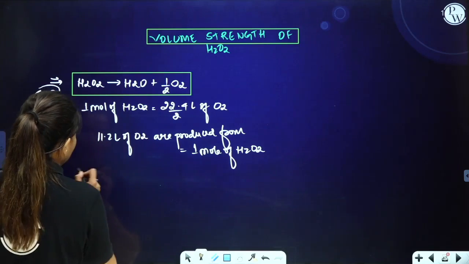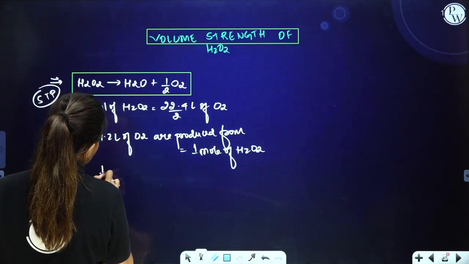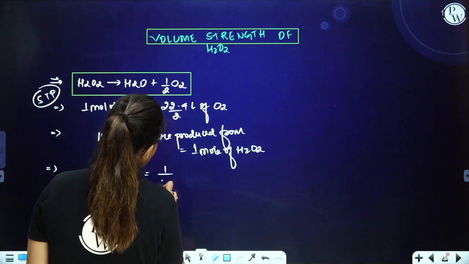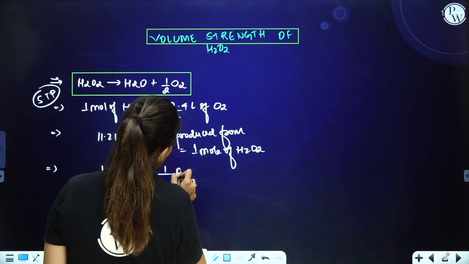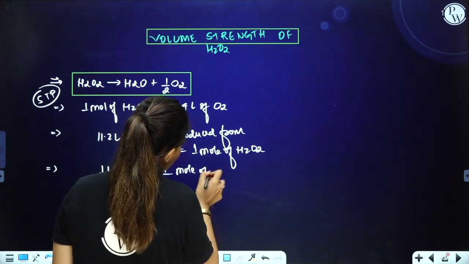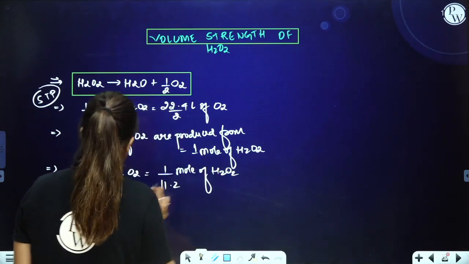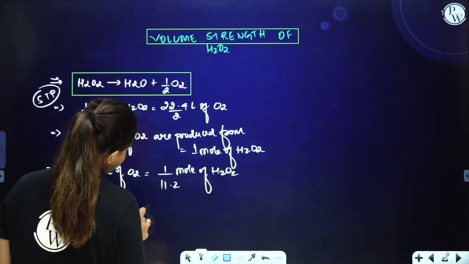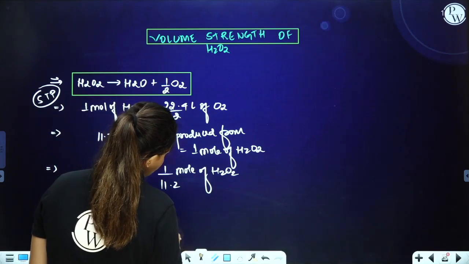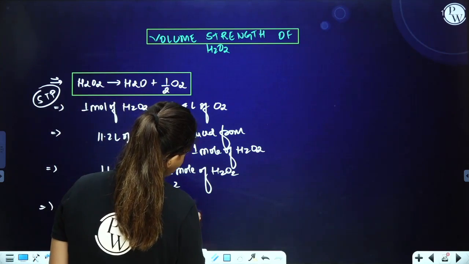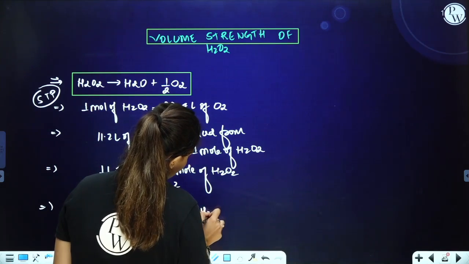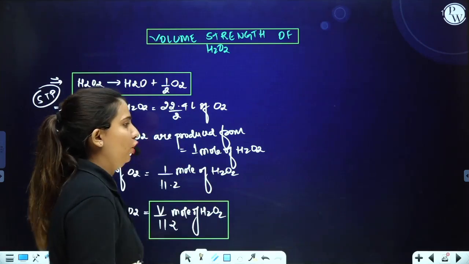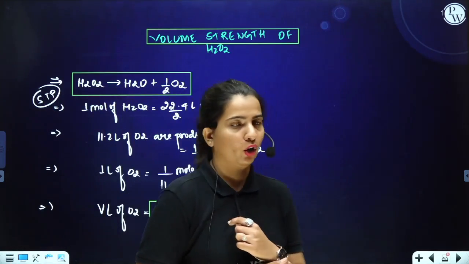So if I write 1 liter of O2, that will be from 1 by 11.2 mole of H2O2. And if I write V liter of O2, it will be from V by 11.2 mole of H2O2. So here first I am going to get the mole of H2O2.